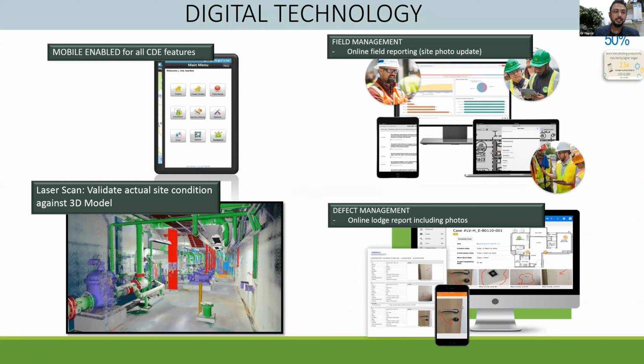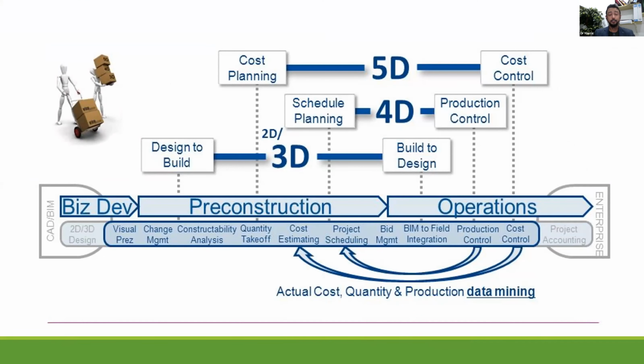And other digital technologies such as mobile enablement for the CDE, and then field management, laser scanning to validate actual site condition, where we fly drones and so on to get the information to input and produce the 3D models. And also we can use all this technology to check on defect management, online reporting and photos and everything. All those are the technology part of building information modeling.